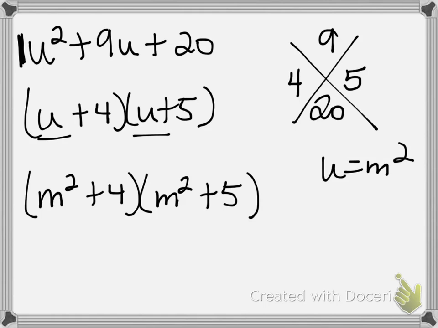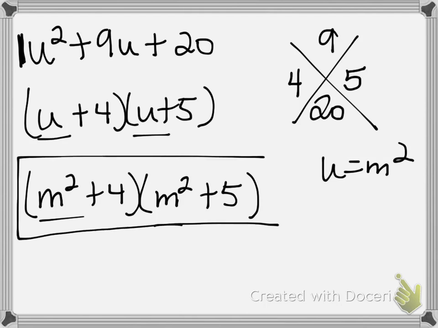But after a while, that starter is going to go back in. So that's where the m squared comes back in. Think of it in sports terms, because a lot of times you sub out in sports. So this is now completely factored: m squared plus 4 and m squared plus 5.